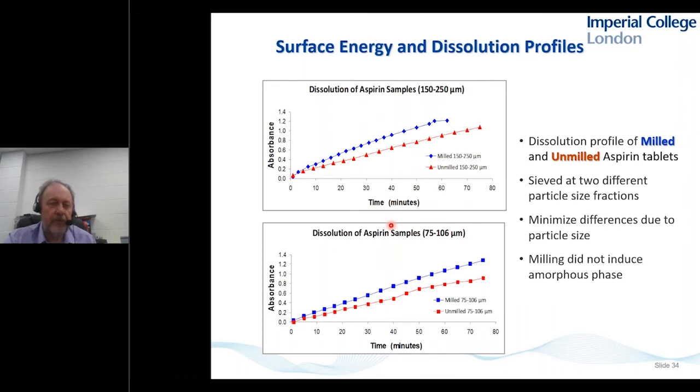We have some materials that were milled and some that were grown natively to a certain crystal size. So we basically have milled and unmilled aspirin materials here. And you can see that the dissolution profiles for these materials are different depending on whether they're milled or not milled. And this relates to some extent to the surface energy of the materials.